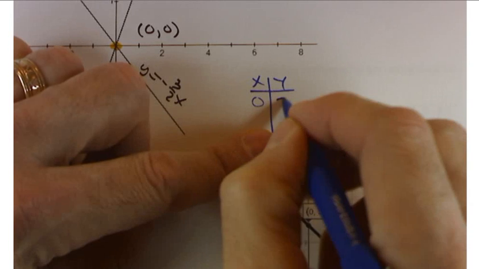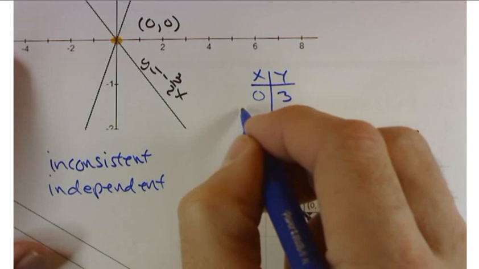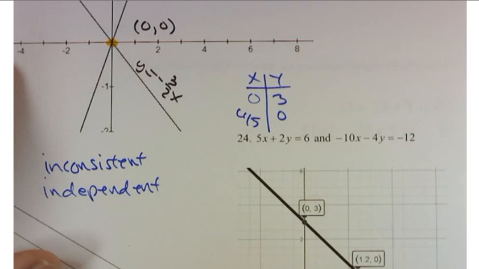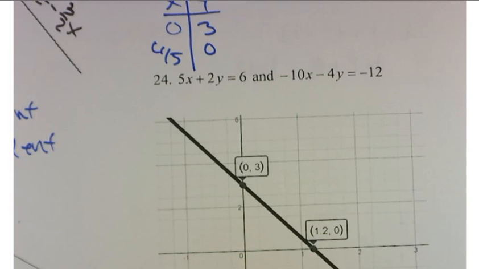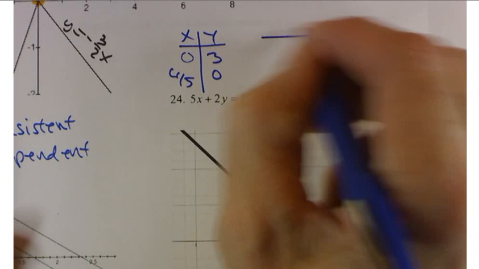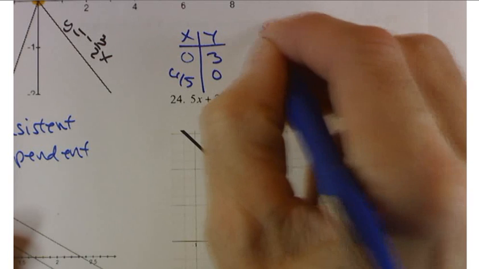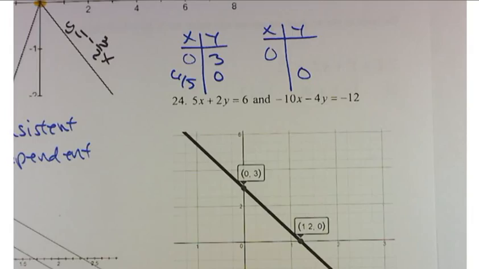If I set y equals 0, I get x is 6/5, which is 1.2. But I'd like you to do the same thing for this one. Make yourself a little t-table, set x equals 0, set y equals 0, and plot some points, and then graph the other line here. See what you come up with.